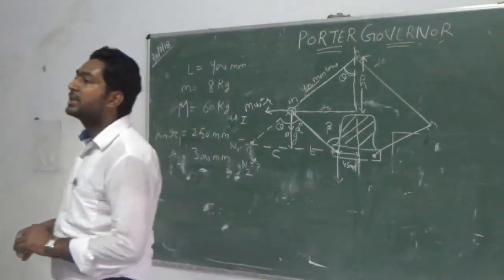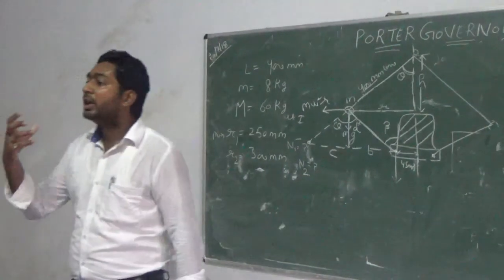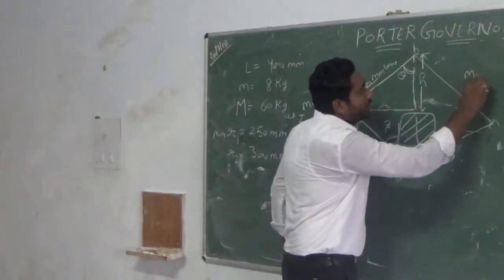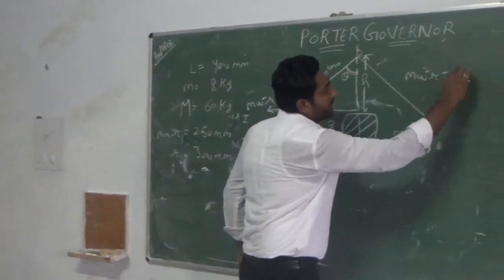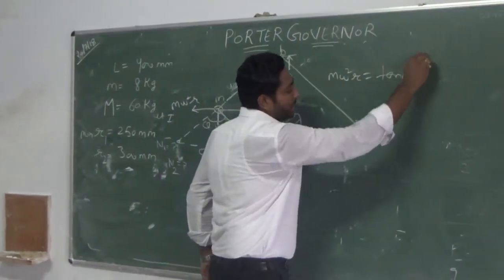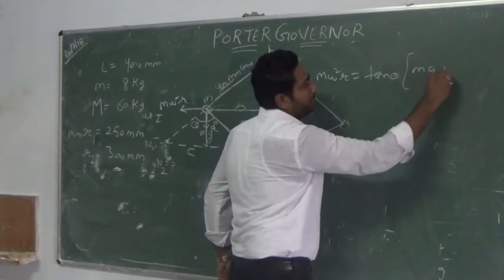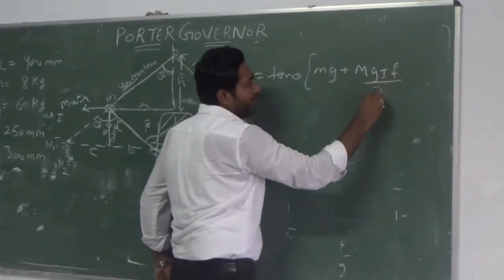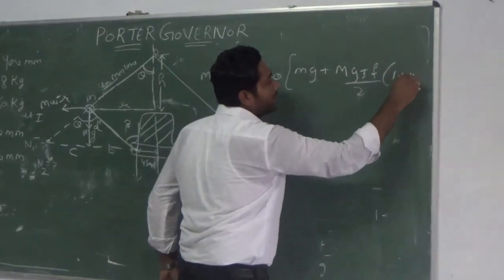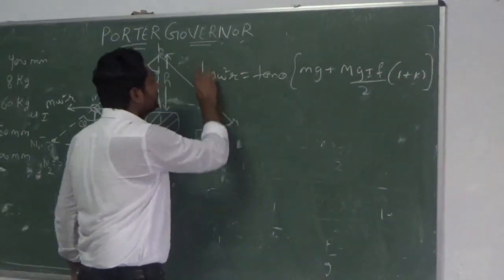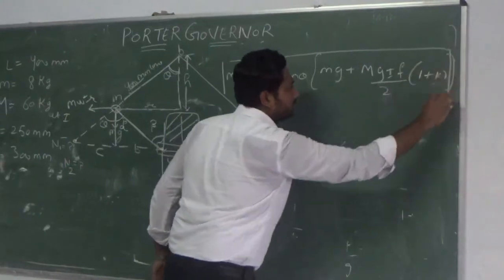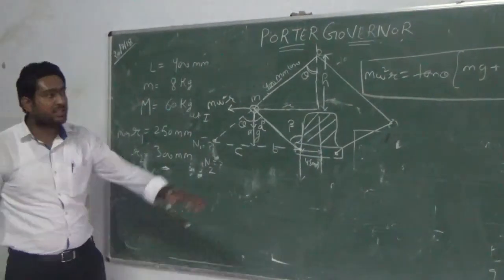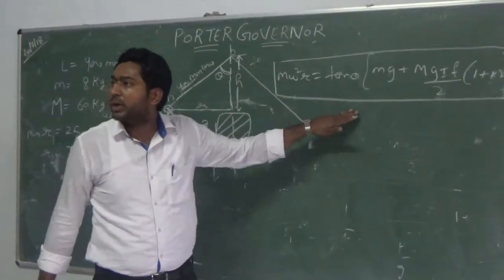Recently, we discussed the Watt governor, the equation of the Watt governor. m omega square r is equal to tan theta into (mg plus capital M g plus or minus f by 2) into (1 plus k).